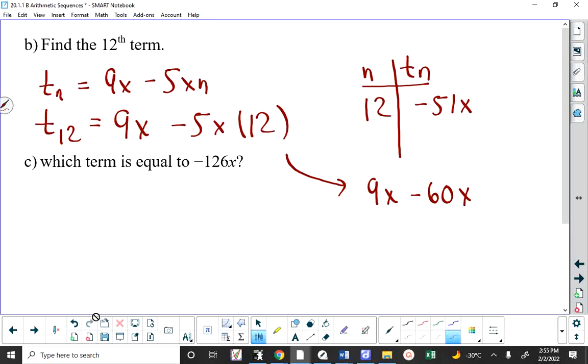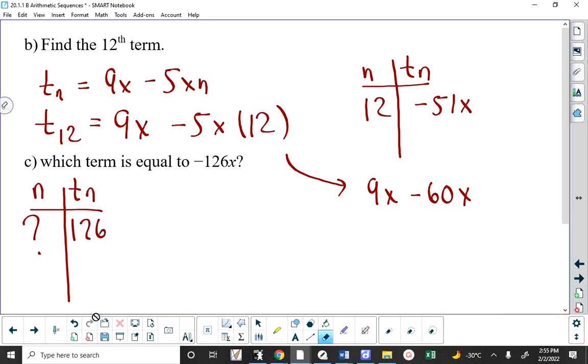All right. Which term is equal to negative 126x? Well, in this particular question, that's what the question is. When the term value is negative 126x, what's n?